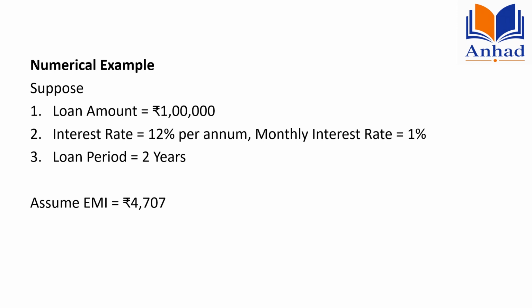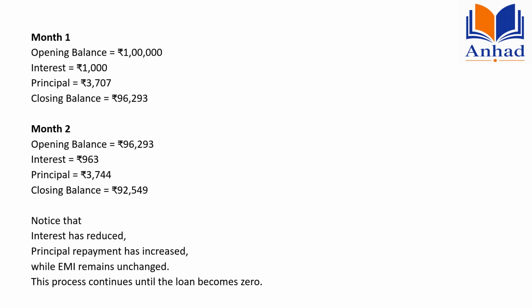Month 1. Opening balance is equal to 1 lakh rupees. Interest is equal to 1,000 rupees. Principal is equal to 3,707 rupees. Closing balance is equal to 96,293 rupees. Month 2. Opening balance is equal to 96,293 rupees.